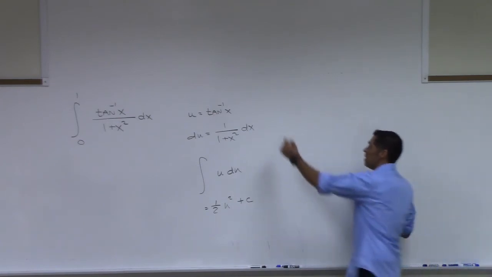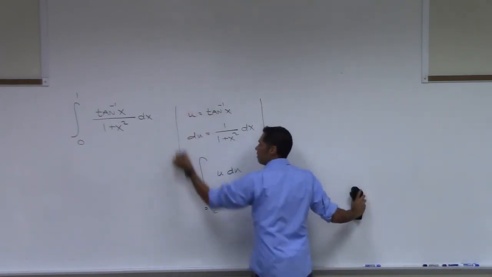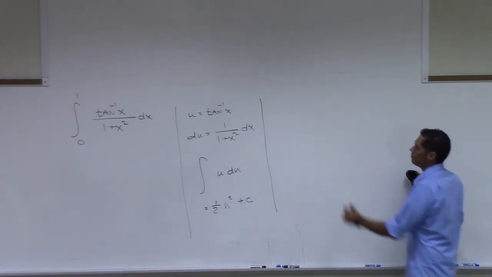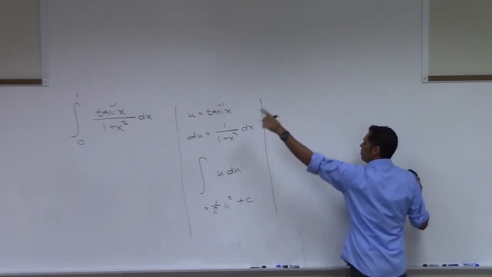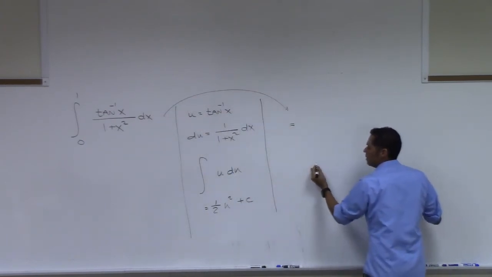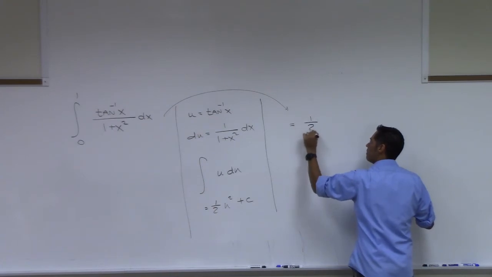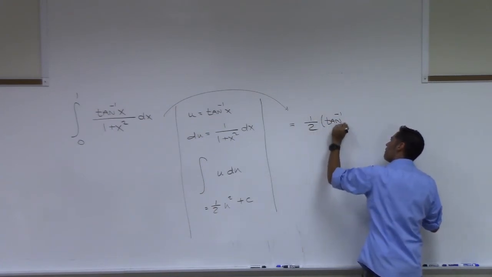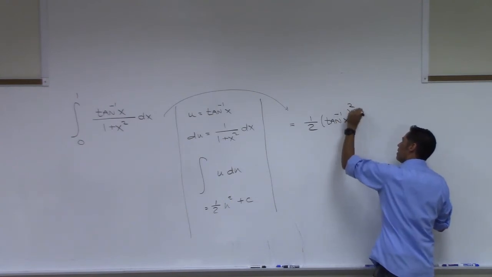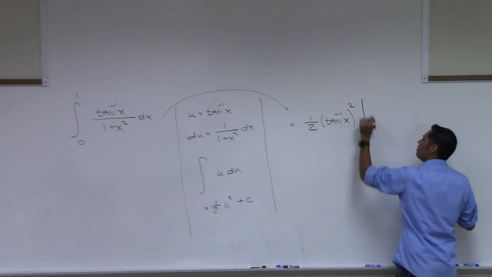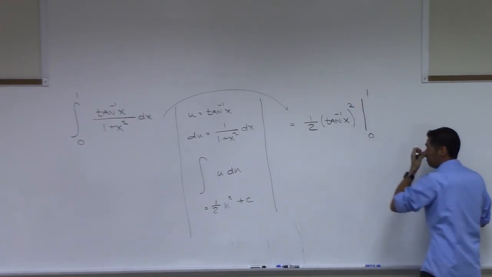Again, this is my scratch work. I'm doing all this just to figure out what the antiderivative is. And now I go rewrite the integral. So that integral becomes equal to the antiderivative, 1/2 arctangent of x, that quantity squared, evaluated at 0 and at 1.